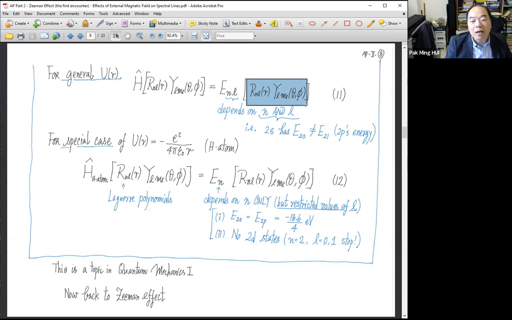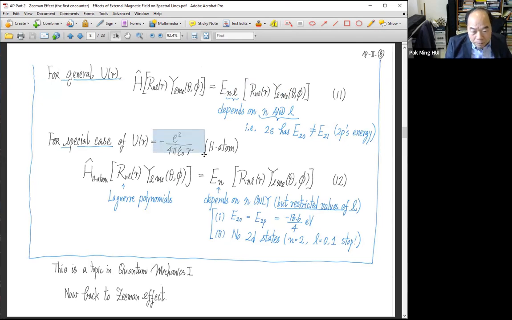All right? There are three quantum numbers. They are simultaneous eigenfunctions of three operators: the Hamiltonian, generally with energy depending on n and l; L square, given by l; and Lz, given by m_l, all right?